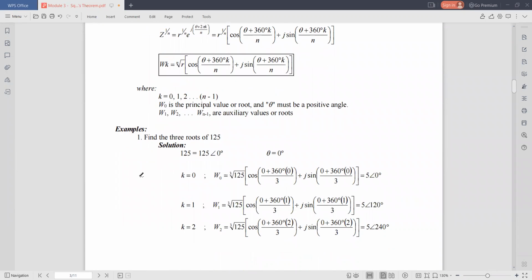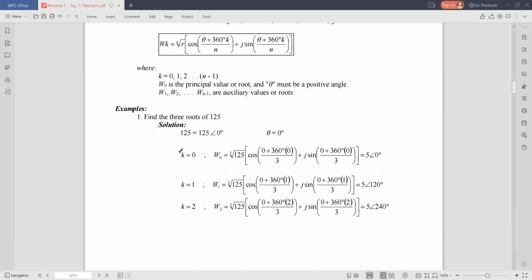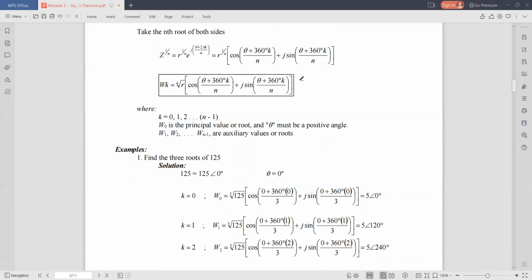So we have here first, find the 3 roots of 125, or that is the cube root of 125. So you need to get the values of our equation with the use of this formula. So in this case, we have the value given, that is cube root of 125.